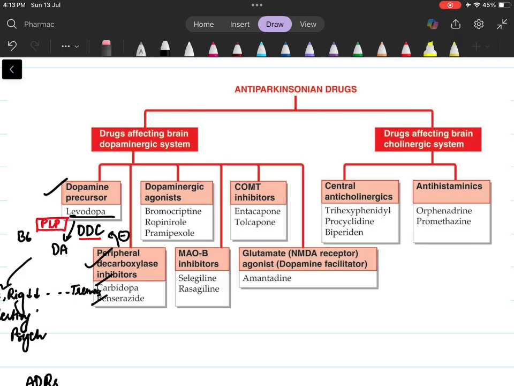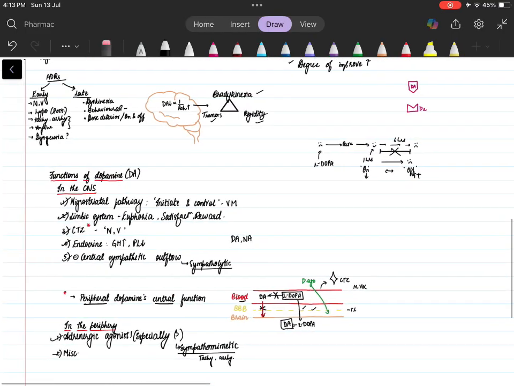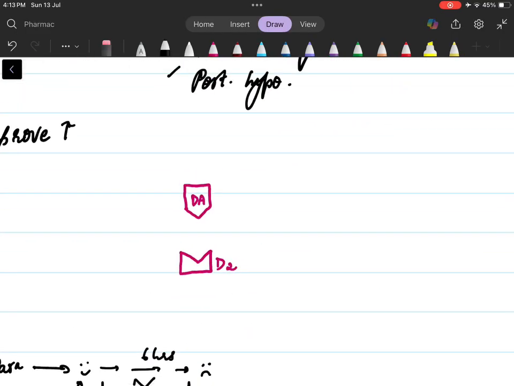Next, we have the dopaminergic agonists. What does that mean? So, as you know, in Parkinson's, we have dopamine and the dopaminergic receptors in the nigrostriatal pathway, and there is a deficiency of dopamine. So, what can be done? Give L-DOPA so that it becomes dopamine, so that it binds to the receptors, and you have your initiation and control of voluntary movement.